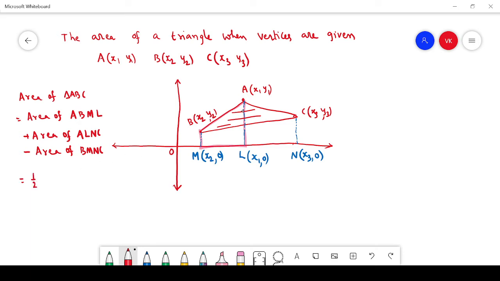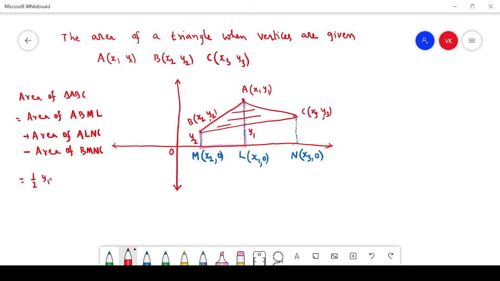Now, what is the area of trapezium ABML? Half into the sum of the parallel sides. Here BM distance is y2, from the distance between two points: square root of (x2 minus x2)^2 plus (y2 minus 0)^2. Here AL distance is y1.